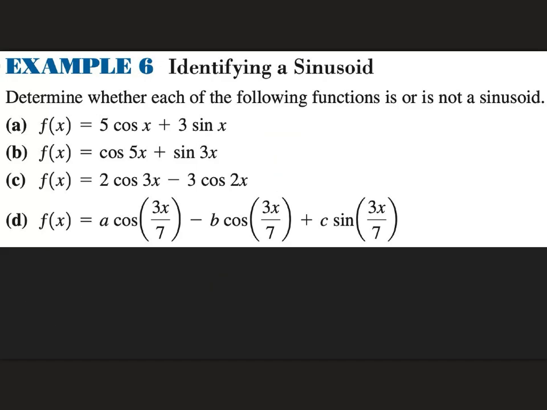Okay, looking at B, same window. B is red on your calculator. And this graph looks pretty interesting. Negative 2 pi is here. It bounces up, it goes below, it goes higher, it goes lower.